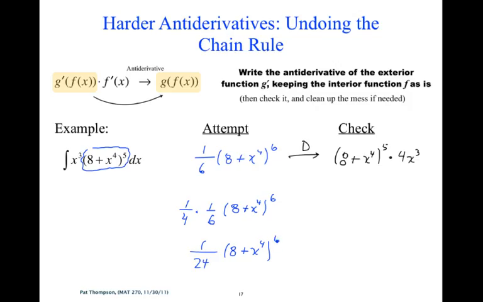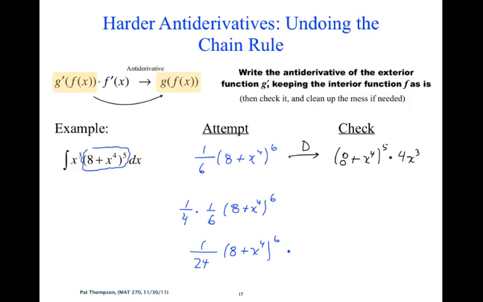And if we're shaky or not confident, we want to check again, we take the derivative again. Again, you got to know your chain rule well. And you're going to get exactly that. So now, there's no limits of integration. So what does it mean? It means every antiderivative, or every possible quantity function whose rate of change is that.